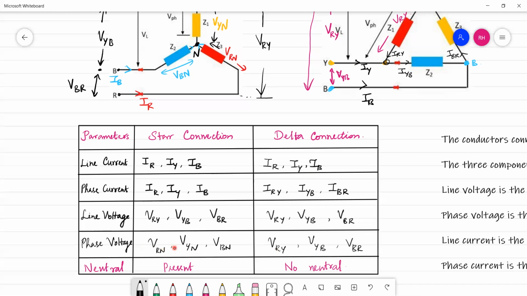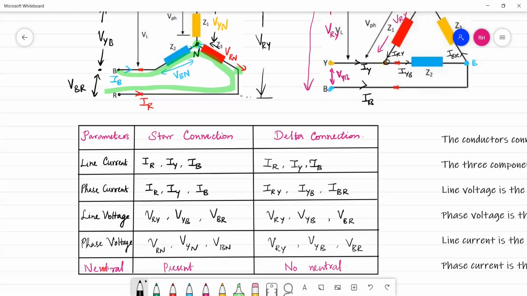And for a star connected system, this voltage is different, and here between B and R phase, if we consider this as a loop or a mesh, we could see that we have two components, and the voltage across one component is the voltage which is measured from the neutral to the phase line, and hence it is represented as VRN, VYN and VBN.